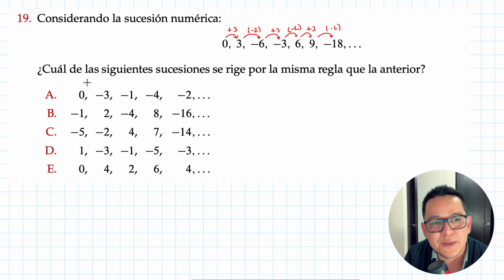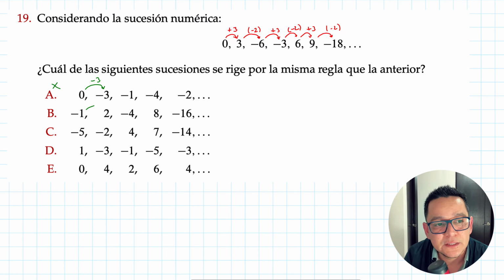Let's quickly identify the pattern here to see if it matches. I'll mark it in green. From 0 to minus 3, you'd think adding 3 works, but that's incorrect. So, this doesn't work. Why? Because 0 plus 3 doesn't give me minus 3. I mean, it should really be 0 minus 3 here. But it doesn't fit, so it's not that simple.